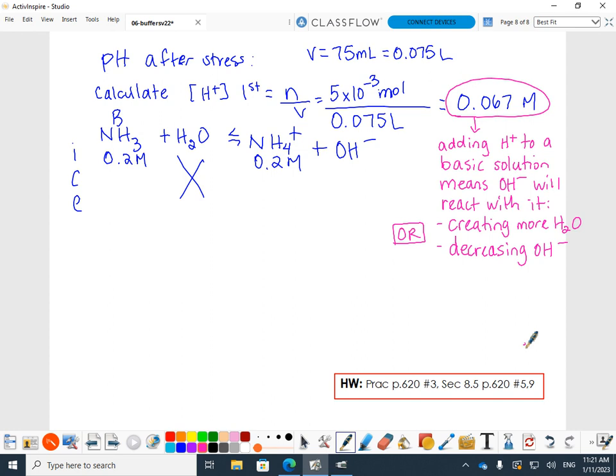So you can think of it either way. So you can either say more water is produced or OH- is decreased.